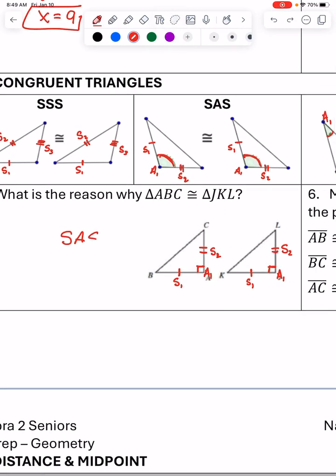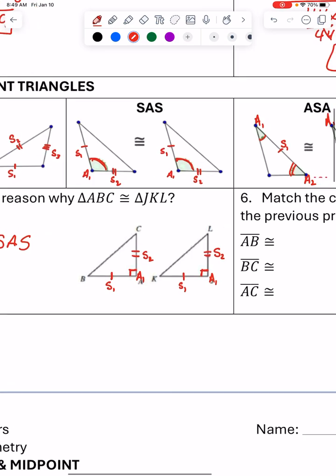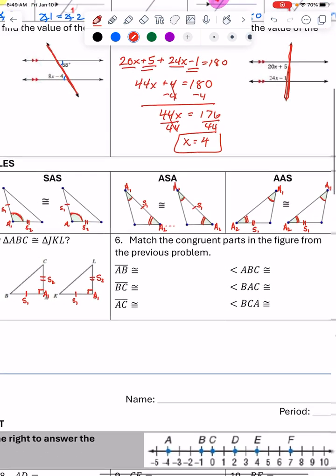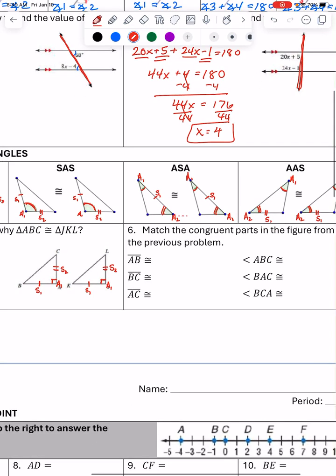And then we can go through and match the parts, right? So match the congruent parts in the figure. So basically, all we need to do is say, okay, AB, and I'm gonna go ahead and erase this stuff over here just to clean it up a little bit. Okay, so AB is this side.